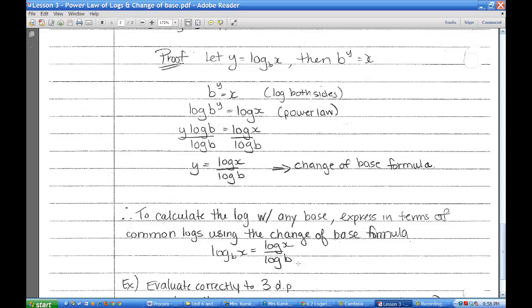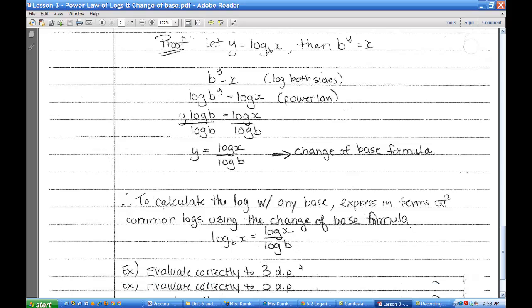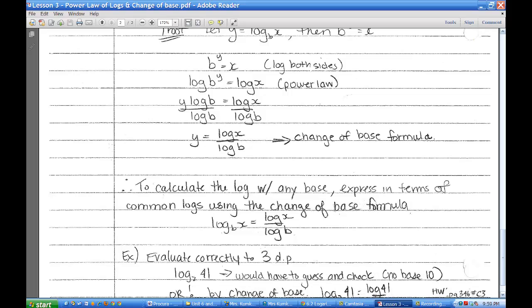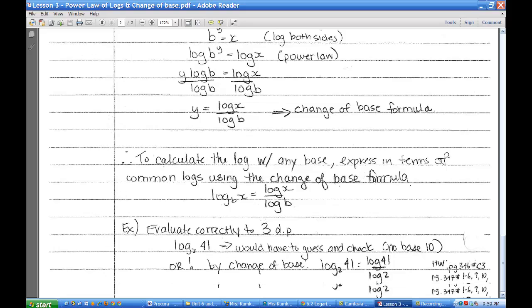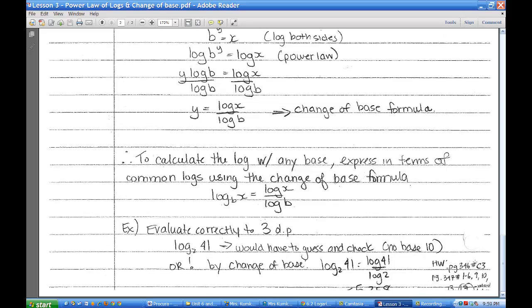So log base b of x equals log of x over log of b. If you want to try it with numbers, this is what you're going to get. Log base 2 of 41 is going to be log of 41 divided by log of 2. And then you throw it into the calculator and you get your solution.